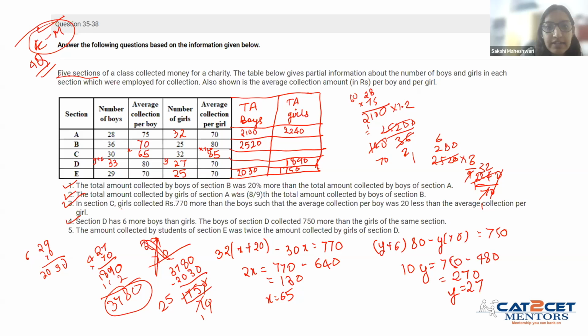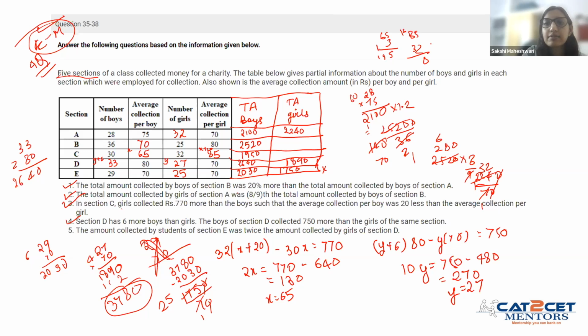So for D, tell me 33 into 80. 8 3s are 24. This is 2640. Okay. Now this will be 30 into 65. This is 1950. And 85 into 32. How much is this? 32 5s are 160.